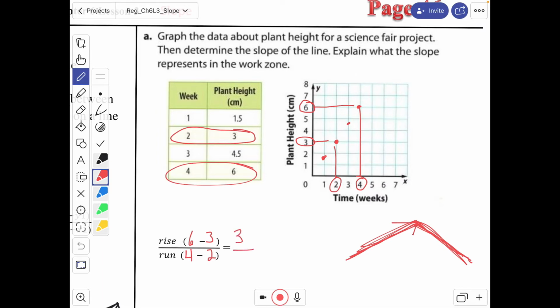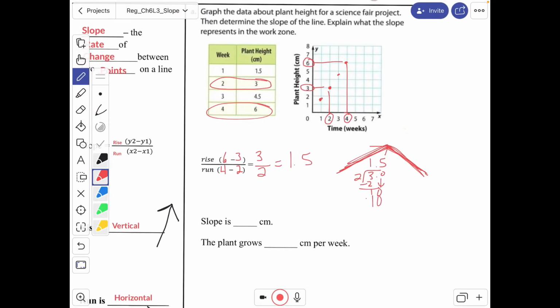6 minus 3 is 3. 4 minus 2 is 2. So the slope is 3 over 2. Well, that's improper, so we want to divide that out. 3 divided by 2 is 1.5.